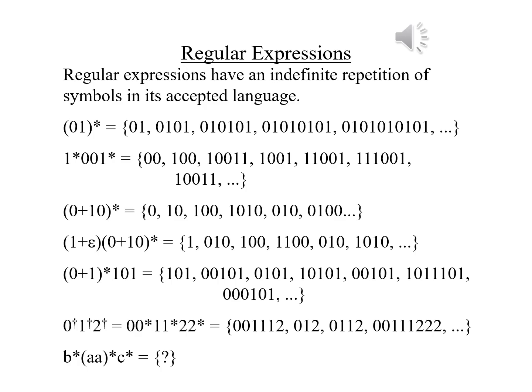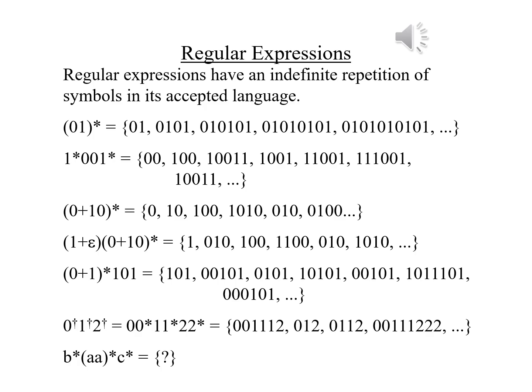In the next case, you'll see in parentheses 1 plus the Greek letter epsilon. In this particular case, it's followed by what we had immediately before. This means I can precede the 0 plus 1, 0 repeated indefinitely, with a single 1, or I can simply have nothing before all of this.